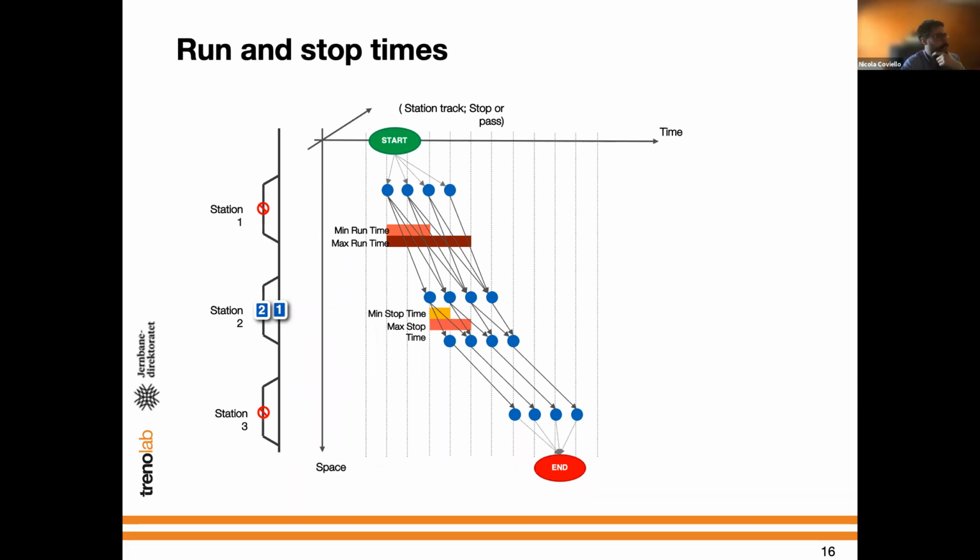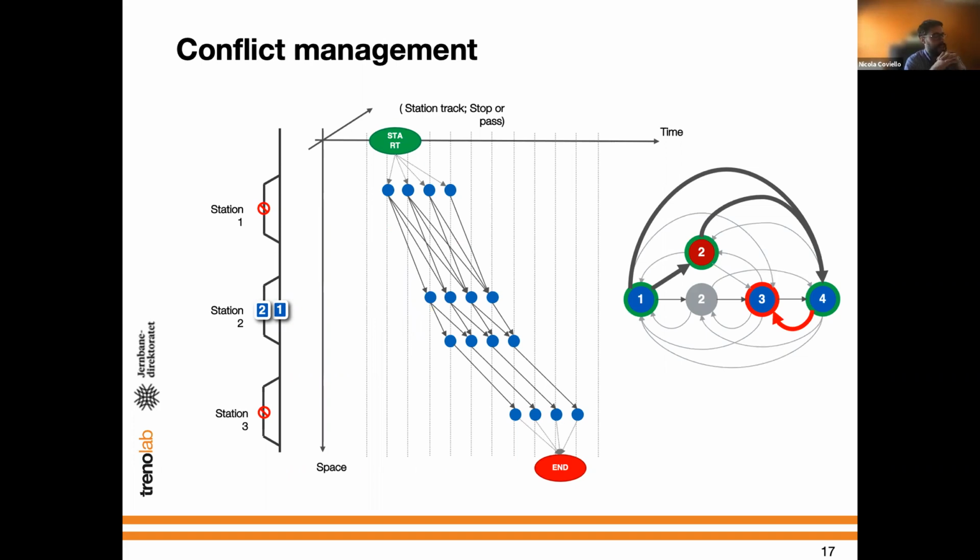Then let us introduce another topic, that is how we deal with already scheduled trains during the exploration of these layer 2 graphs. So let us assume that we are scheduling the train number 3, having already scheduled the trains 1 and 4. Train number 2, in this case, we choose not to schedule. So we have to deal with an infrastructure which is already occupied and utilized by other trains.